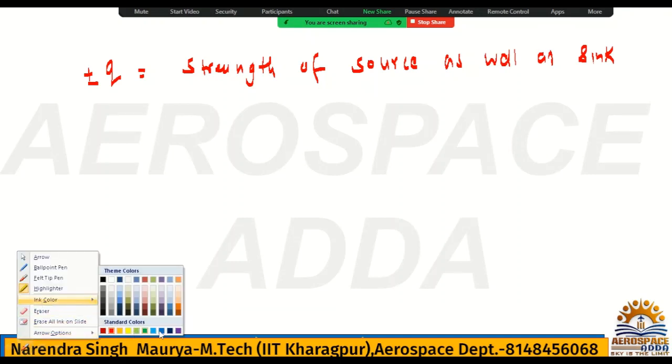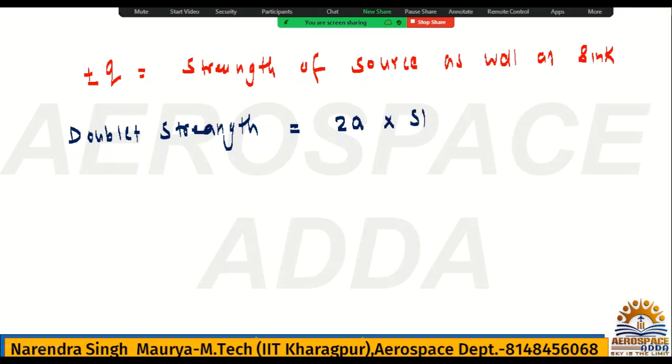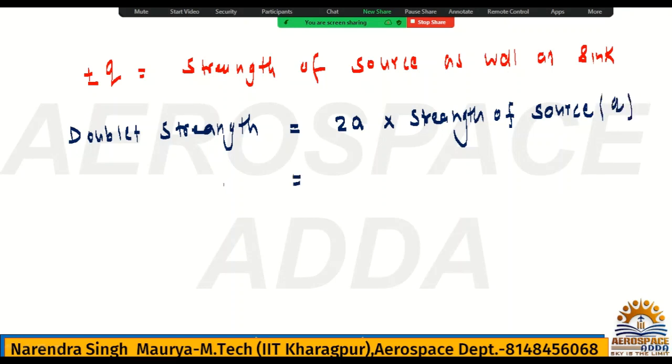Then what will be the doublet strength? If you talk about doublet strength, then it is the product of 2A into the strength of source, which is nothing but Q. And doublet strength is denoted by mu.